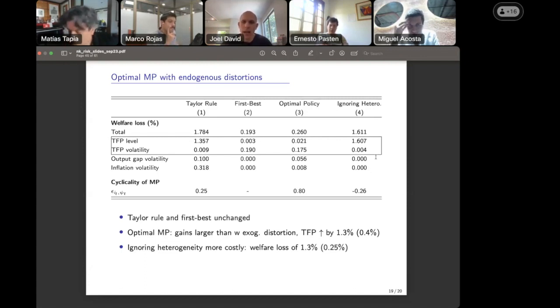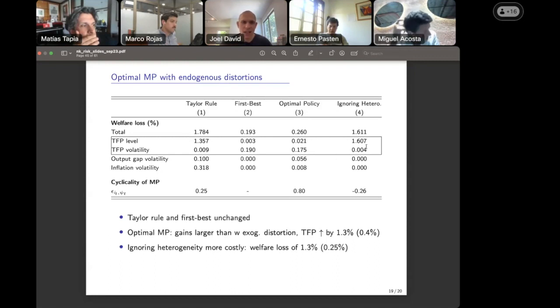In column 4, I'm showing you optimal policy ignoring heterogeneity. And now that's much more costly than it was under the exogenous distortion. That's because, don't forget, in this setup, the distortion is only affecting the allocation. So the central bank loses all the gains it could have gotten by correcting the allocation and the level of aggregate productivity.